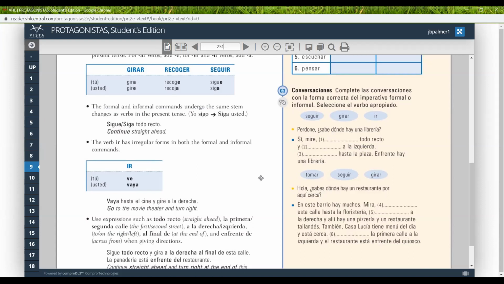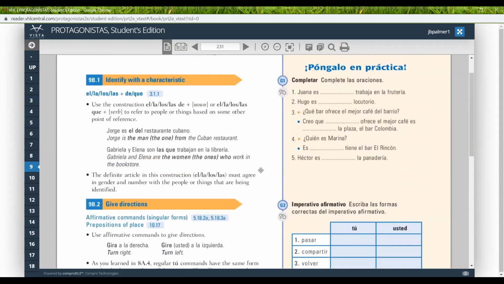But yeah, there are a few more homework assignments from these couple of pages. One of them is really similar to G1, which is basically choosing which article and whether you use de or que here.